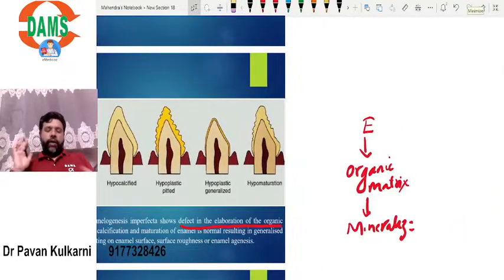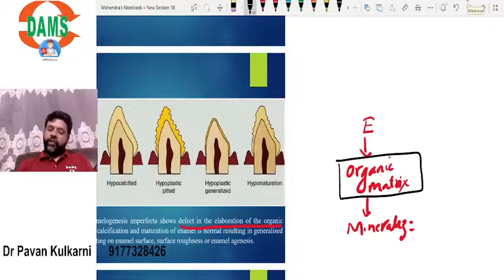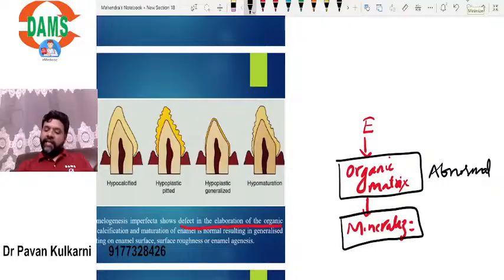Now what happens in amelogenesis imperfecta? This organic matrix formation is abnormal. So because of this, the thickness of the enamel will be less. However, mineralization will be normal.